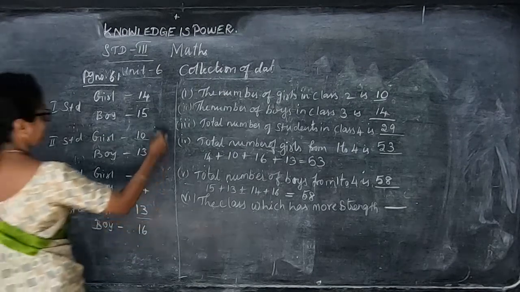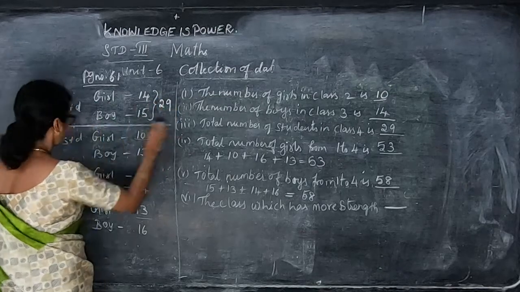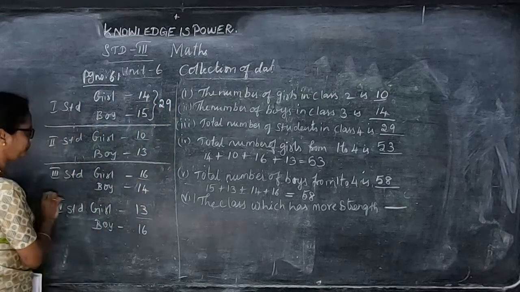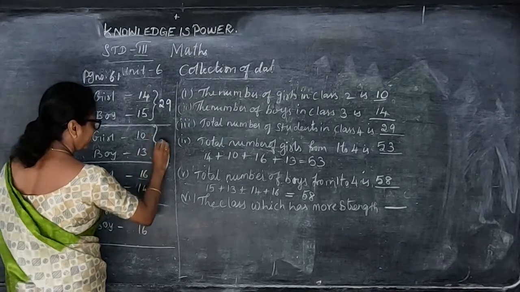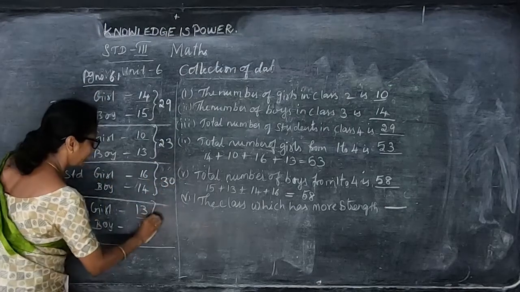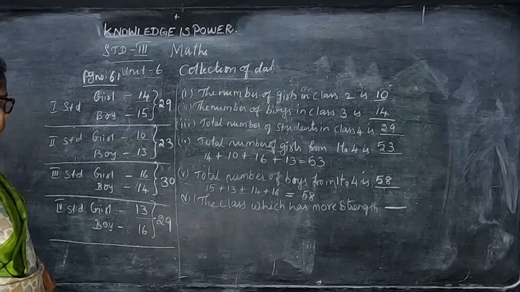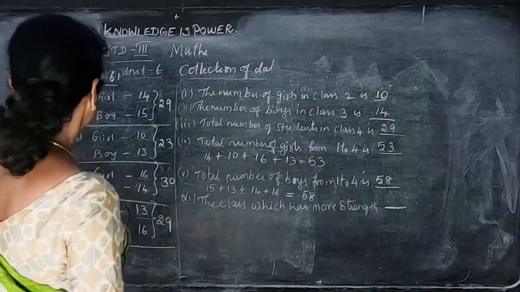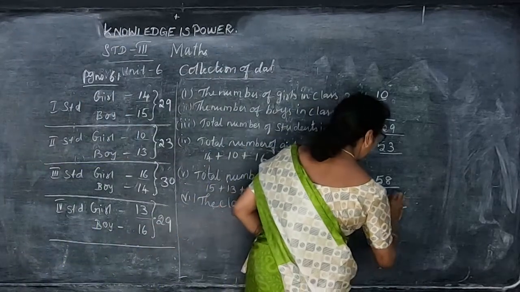So your boys and girls is 29 in first standard, then second, third and fourth. So here 23, here it is 30 and here it is 29. So the class which has more strength is both first standard and fourth standard.